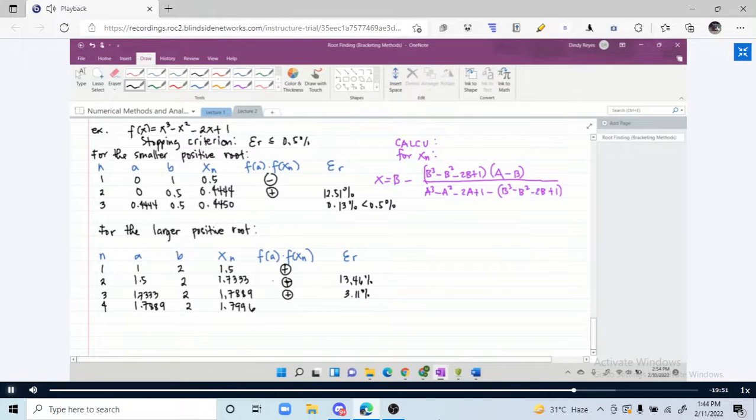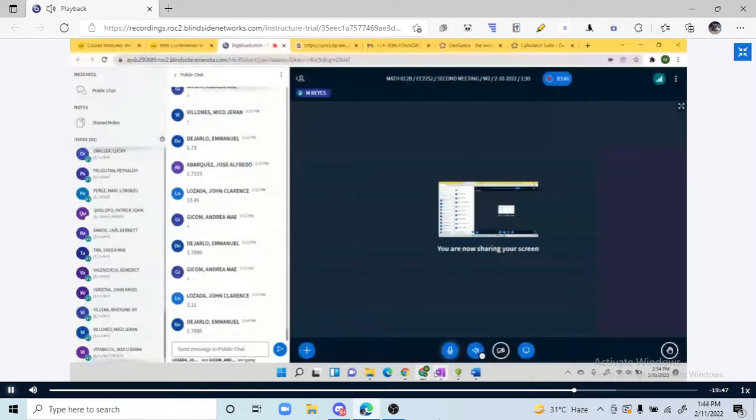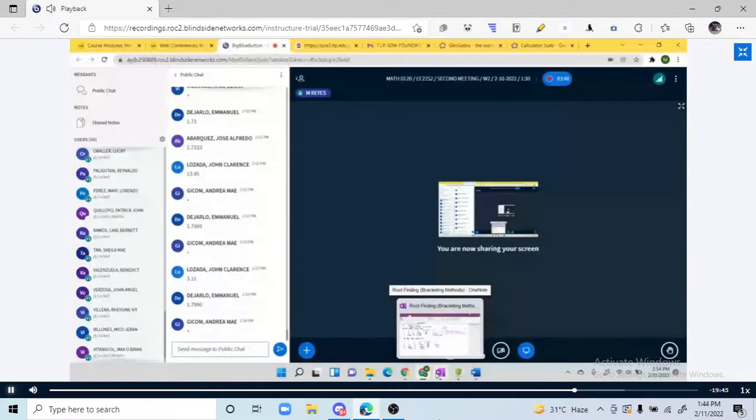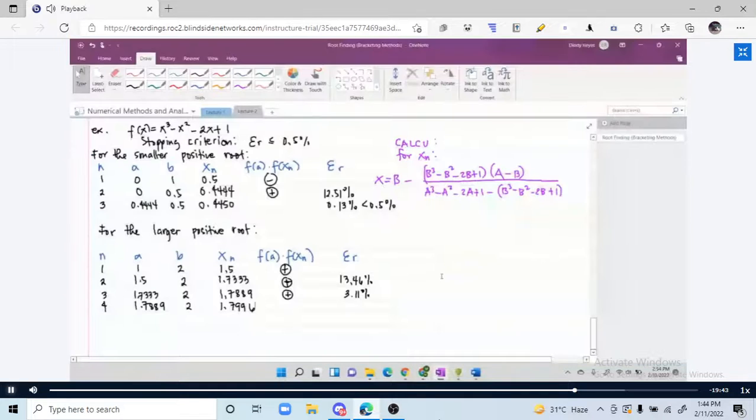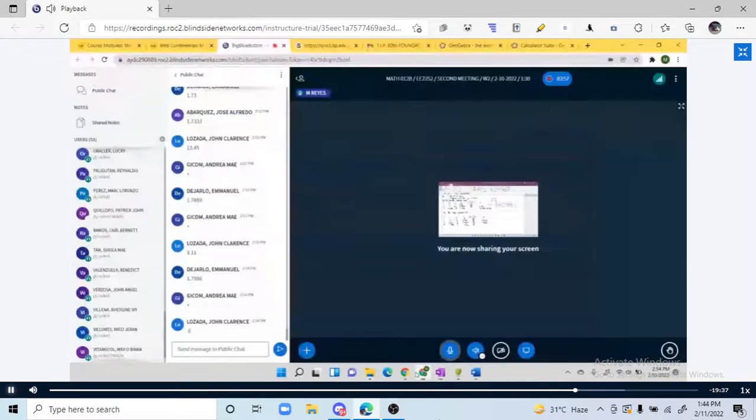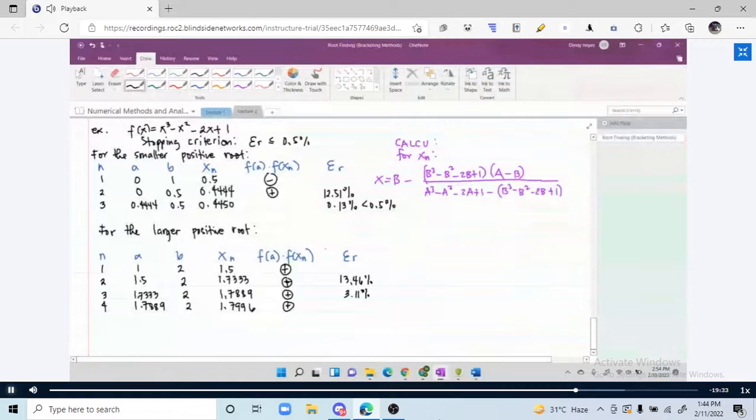What about this sign? It's positive. And then the error, I think it's close to 0.5, 0.6, 0.59 in two decimal places. Now let's just be consistent. Two decimal places.